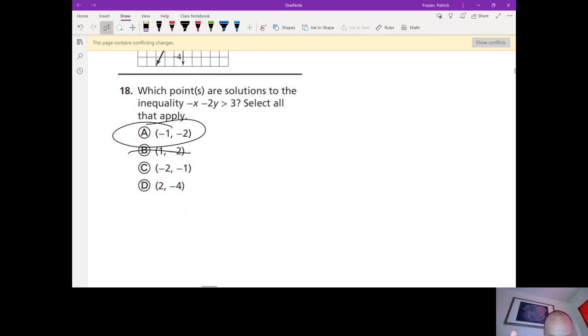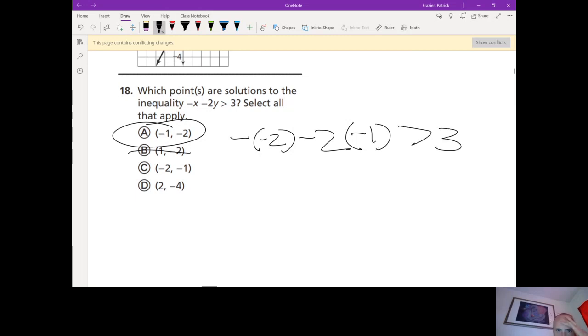What about C? Well, negative times negative 2, and then minus 2 times y, which is negative 1, greater than 3. Well, negative 1 times negative 2 is just positive 2.